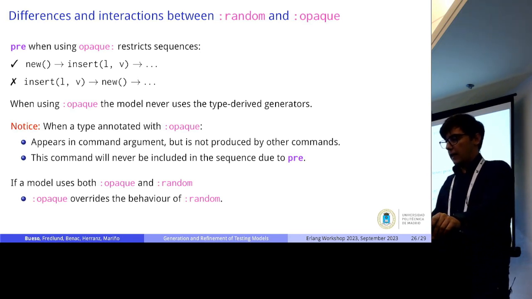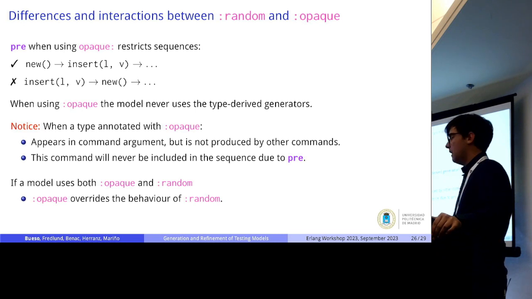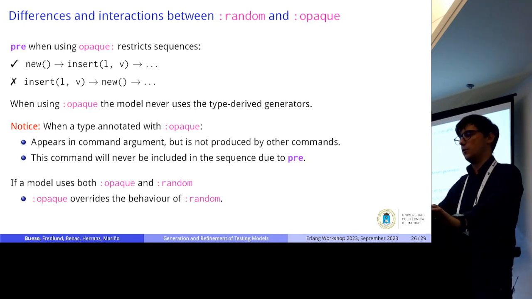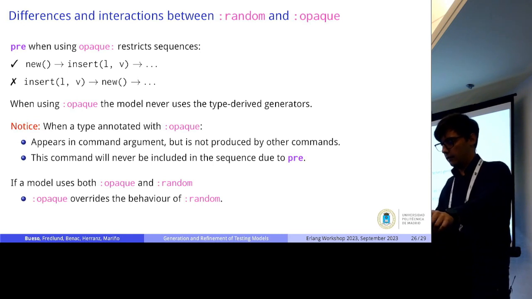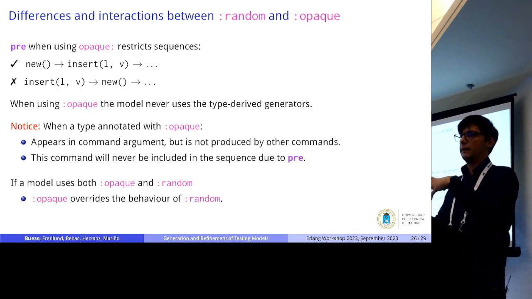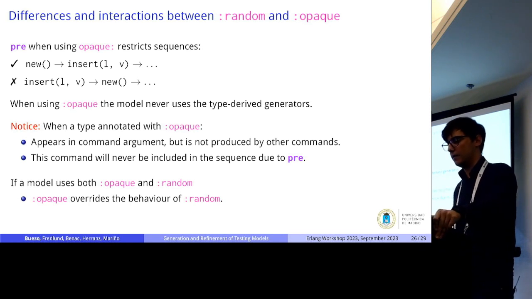And notice that when a type is annotated with opaque, and it appears in an argument, but is not produced by other commands, this command is not going to appear in the sequence, due to this precondition that I've shown you. And if a model uses both random and opaque for a type, it is going to use opaque. Opaque overrides the behavior of random.